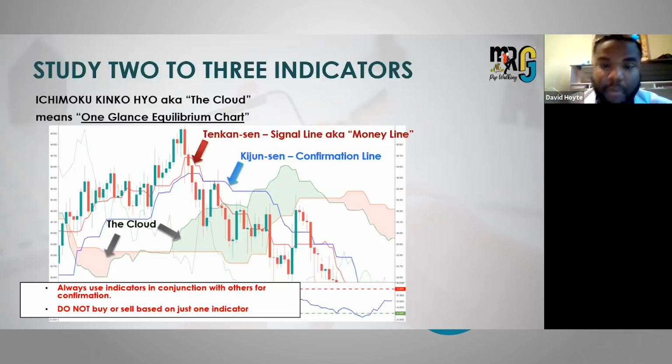But if somebody tells you you're going to trade and you're going to profit 100% of the time, you're not going to take a loss, they're lying. The thing is, you want to minimize the losses in the market and capitalize and have more wins in the market over your losses. So when you're making these decisions in the market off the consolidation, you want to have at least 2 or 3 indicators working for you.